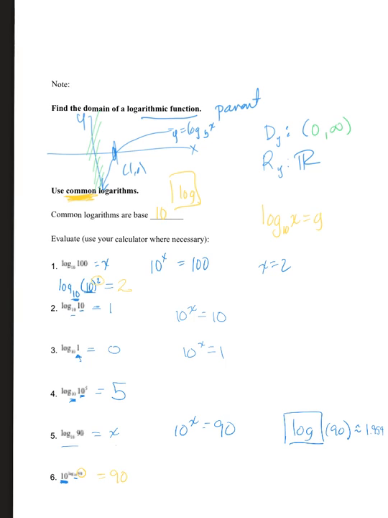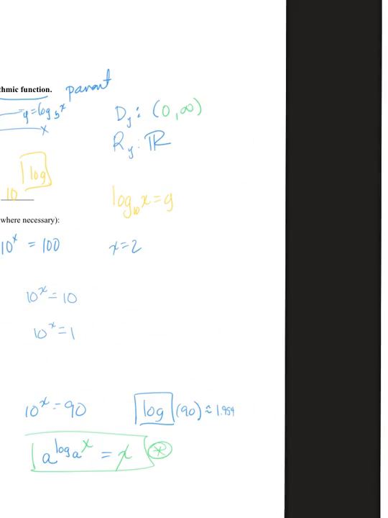So what I'm saying is that if I have a base raised to a logarithm with the same base, the answer is just that argument. That's a beautiful property. That's another beautiful property that you should remember. Keep that in mind. Now, moving on.